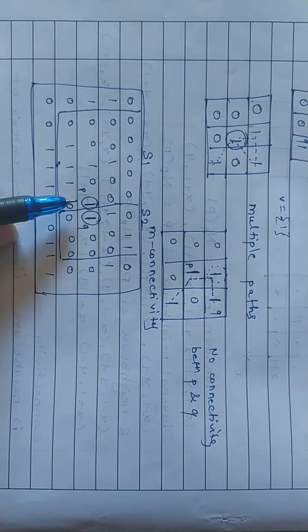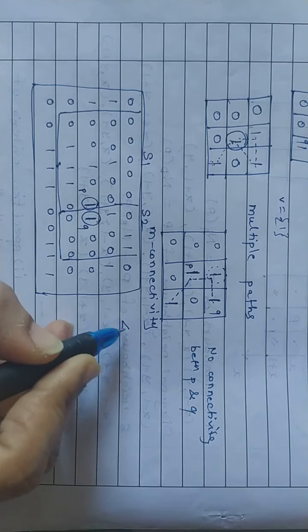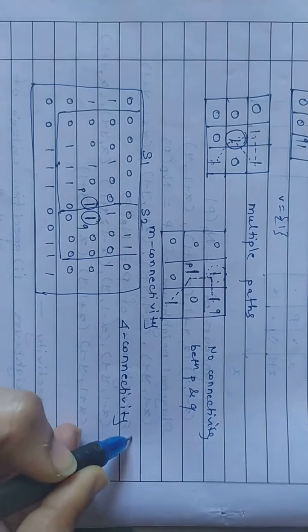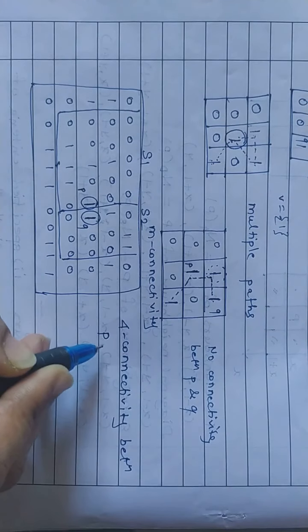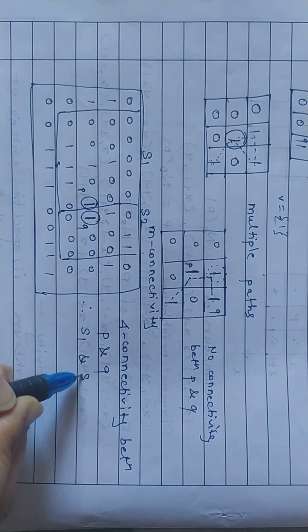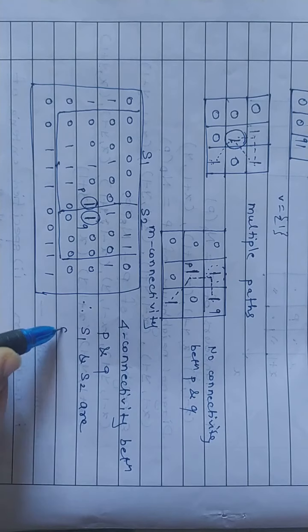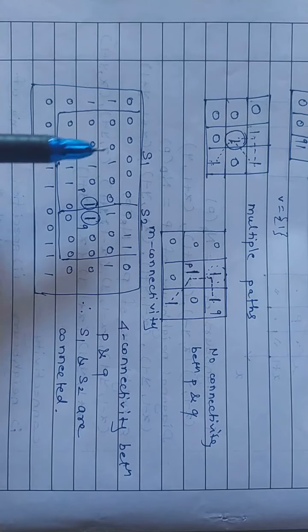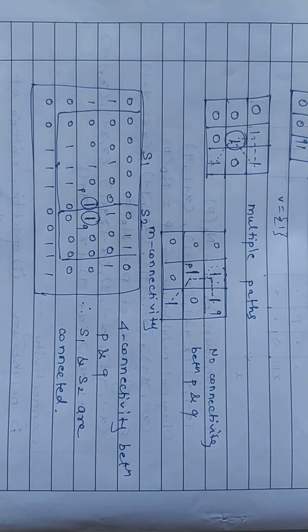Here we can observe that connectivity is present between pixels P and Q. Therefore, image subsets S1 and S2 are connected. That's why sets S1 and S2 are considered connected subsets of the image.